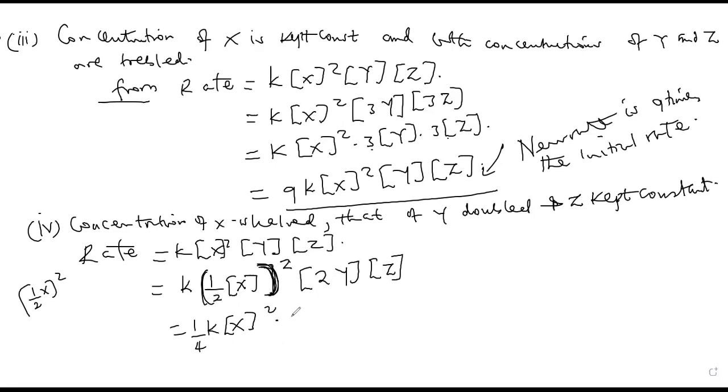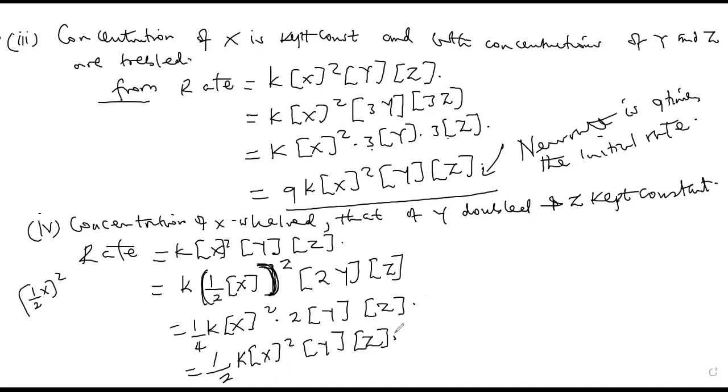Then the 2, you can move it out, times concentration of Y, then times Z. So this 2 will reduce this 4, so we shall have a half outside: a half k X squared Y Z, implying that the new rate is a half times the initial, or the initial decreases by 2, or is halved.